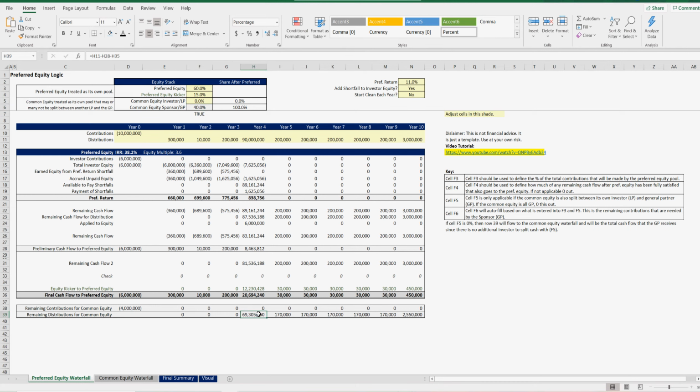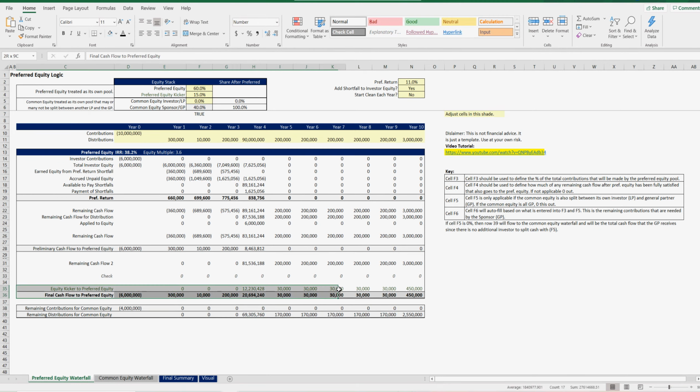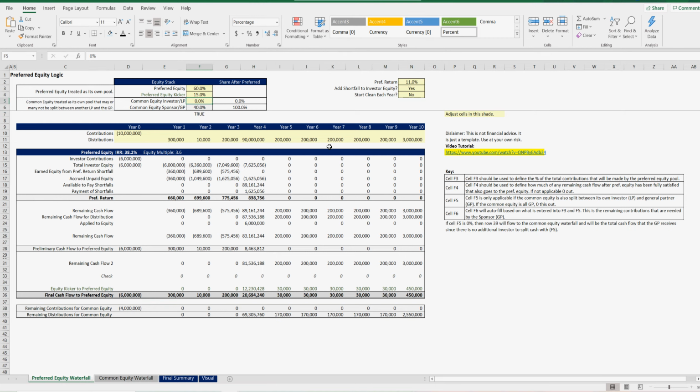And you can see all that really matters is, okay, here's your pref cash flow, here's the common equity cash flow. And the common equity cash flow can then potentially, if you want, let's say there was a percentage here, let's say 60% came from the pref equity. Let's say you got 40% left. Let's say 25 came from the limited investors, and the remaining 15 came from the common sponsor, general partner.